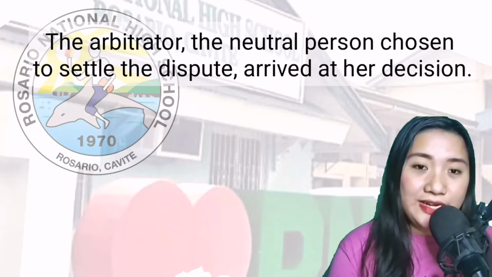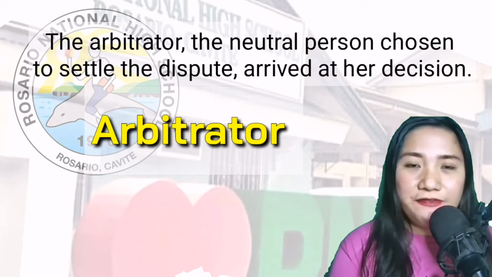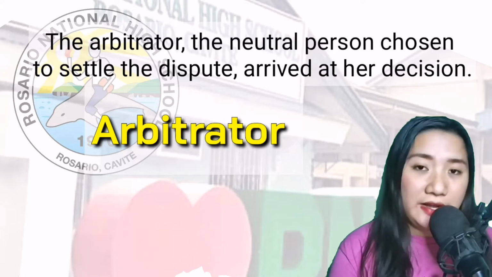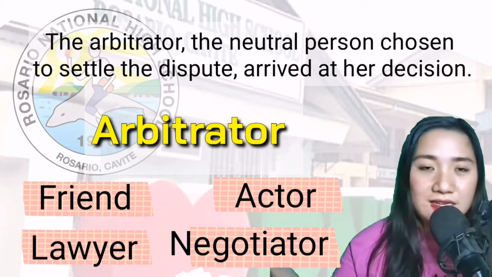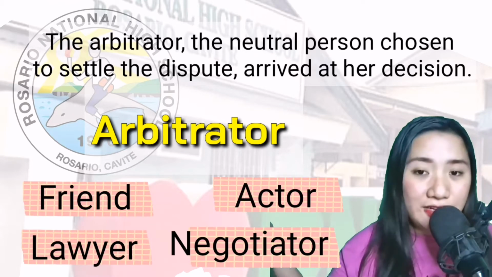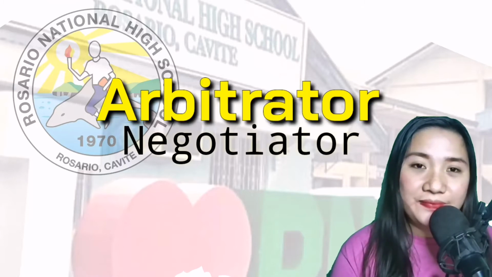The unfamiliar word is arbitrator. Okay, I want you to find out the meaning of arbitrator even without looking for its meaning in the dictionary. What do you think is the correct meaning of arbitrator? Is it a friend, a lawyer, an actor, or negotiator? Yes, you got it right. Very good. The correct answer is negotiator.